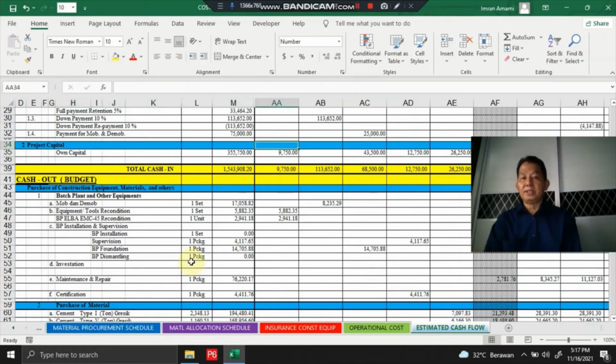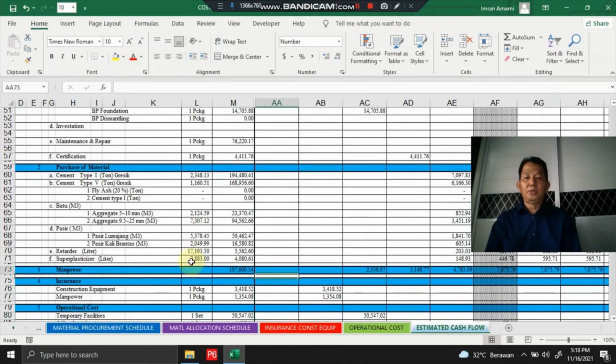This project capital is the company capital utilized for supporting the project operational cost that is negative in the early part of the project schedule. That's why we use company capital or project capital.